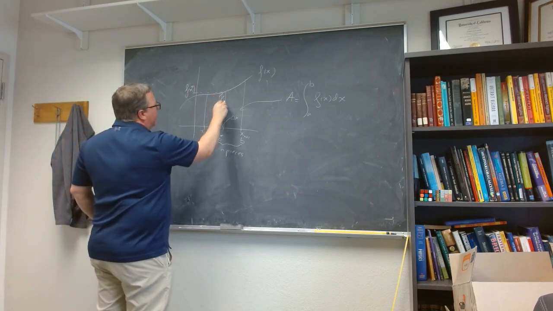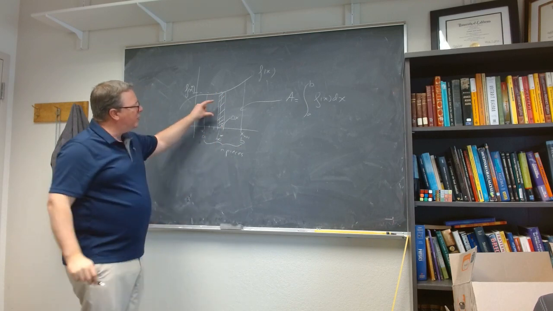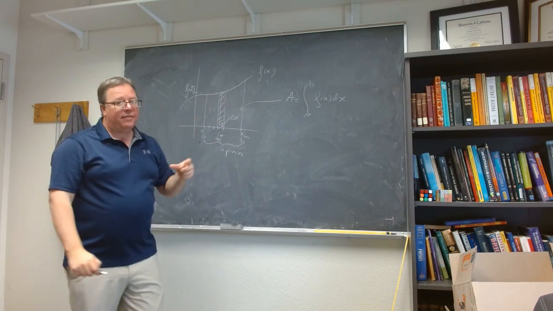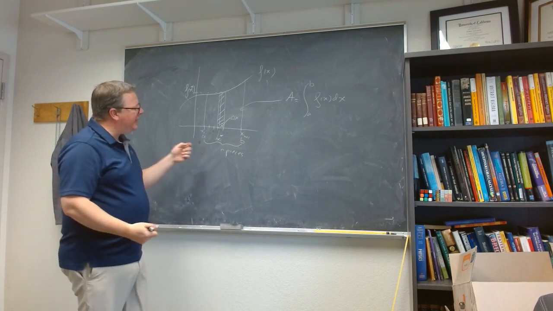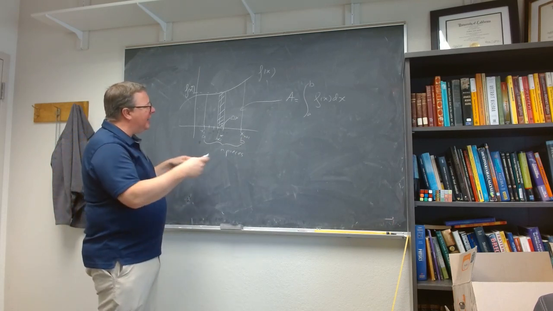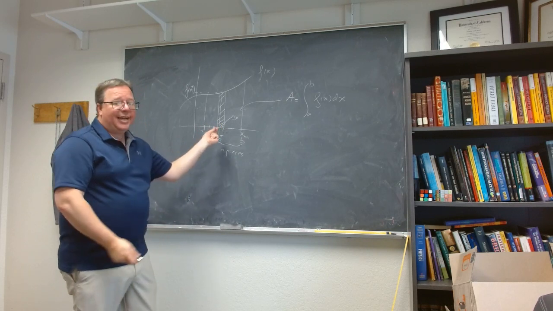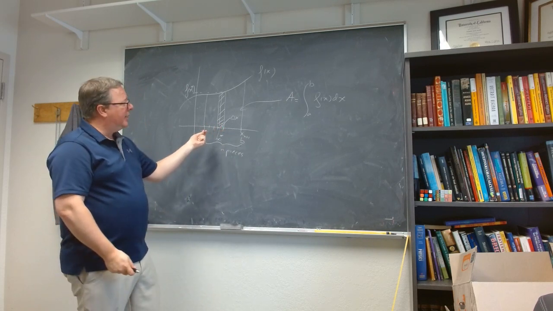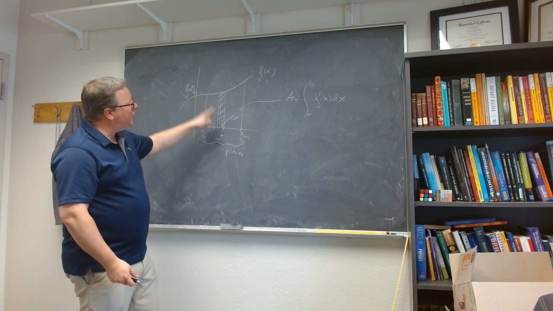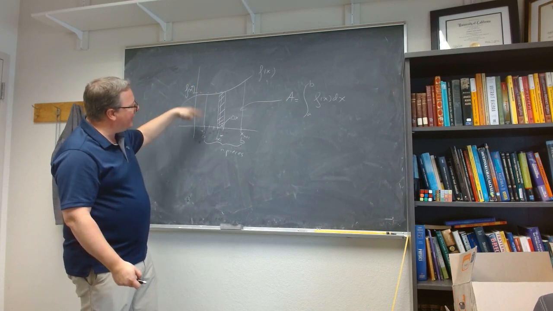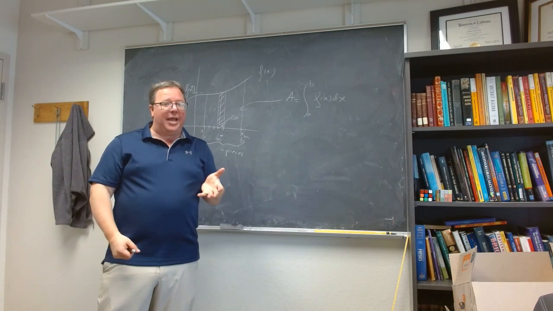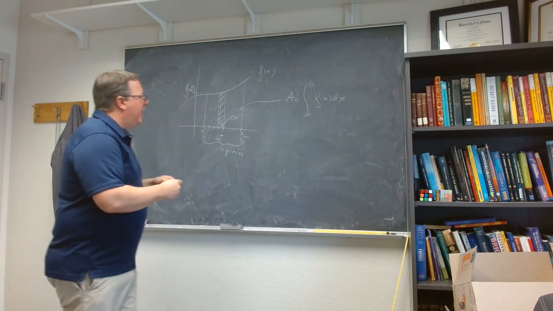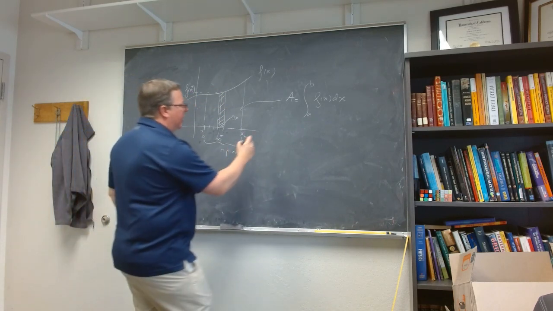And then if we have enough of these rectangles, we add them together, and it gave us an approximation for the true area. Well, what happens is if we let n get bigger and bigger, the size of each rectangle shrinks. At infinity, it becomes just a straight line. If we add together all these straight lines, it gives us the actual true area under the curve. And so that becomes our definition.